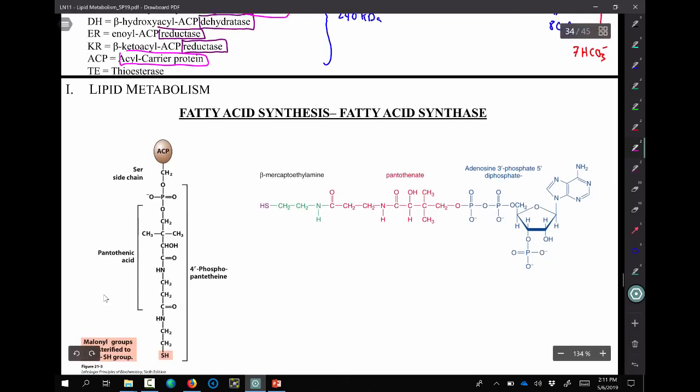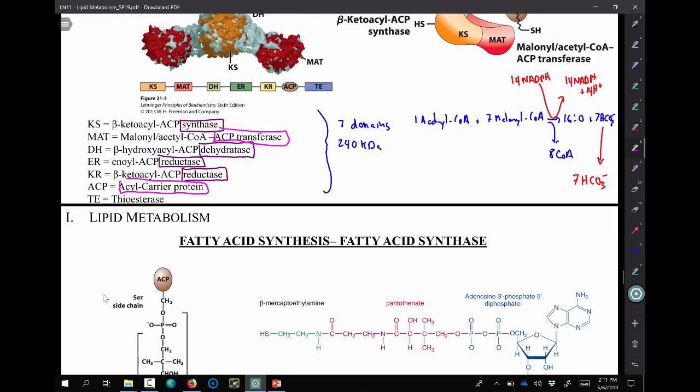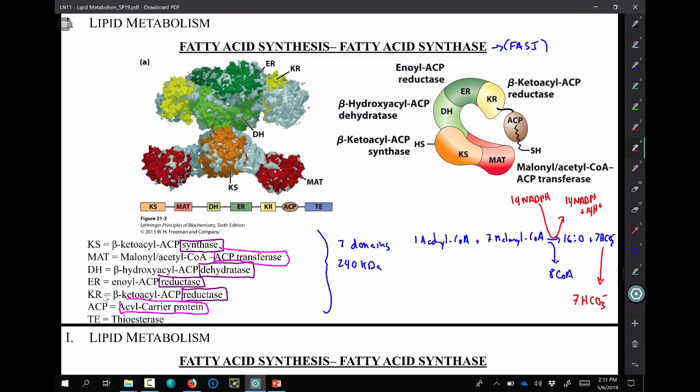So I guess I should say this. Real quickly, you'll notice there's this ACP right here, and there's this ACP here. It's called acyl carrier protein.